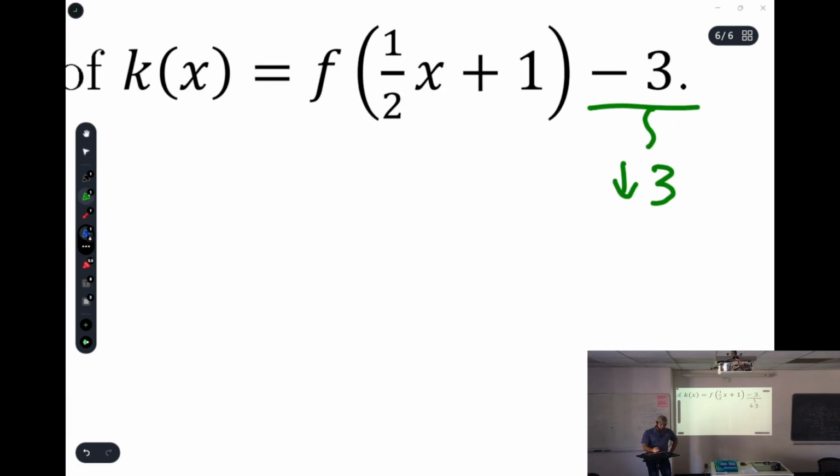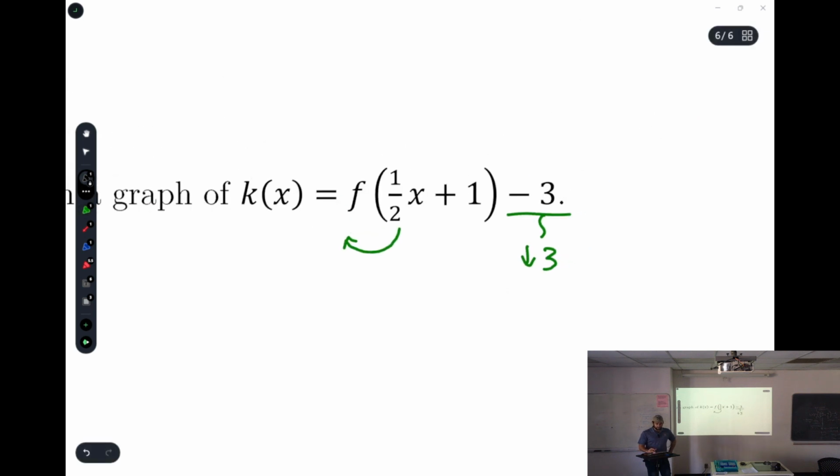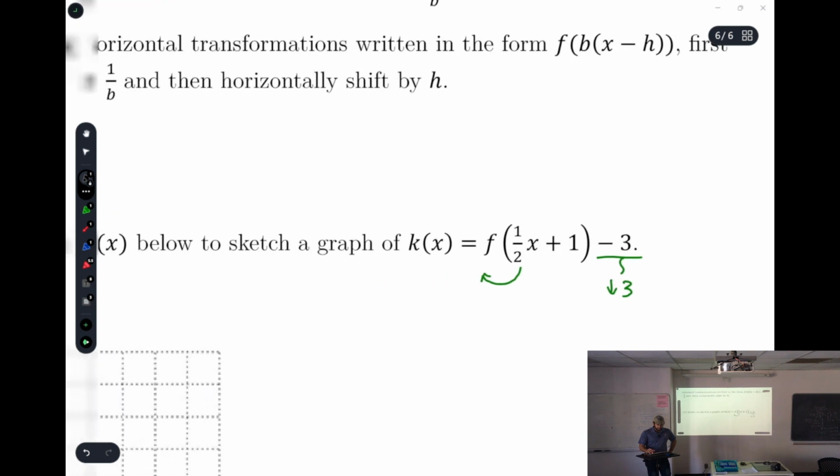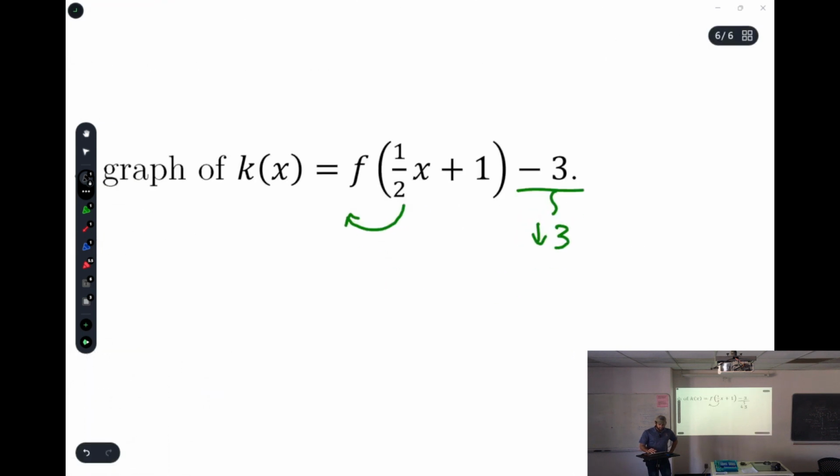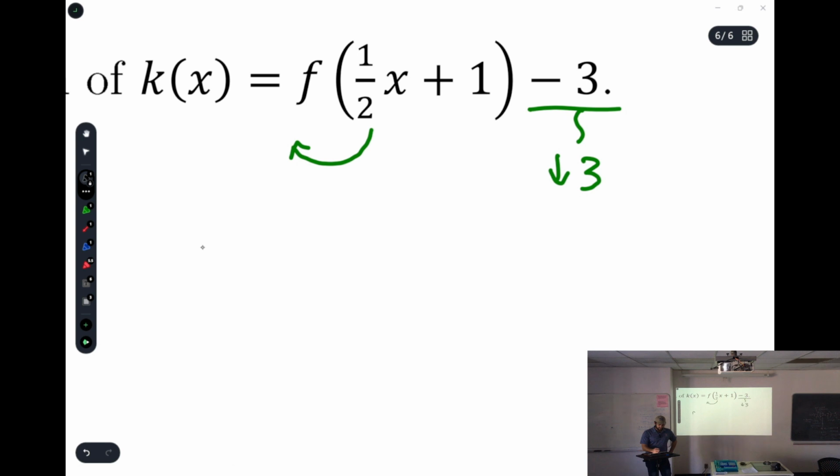So what we're going to do is factor out a 1/2 so the x is by itself. We want that x to be by itself. We want the f of 1/2.